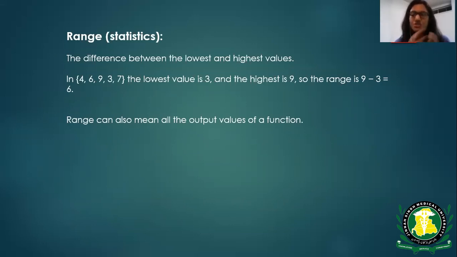It's usually used for measurement, specifically numbers, especially in research papers that we see: the range of patients' age between 33 to 74, or the range of vitamin D levels in certain patients.